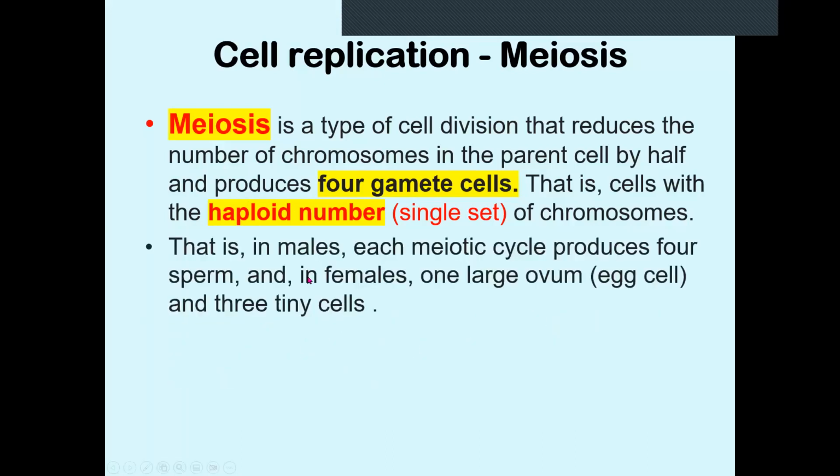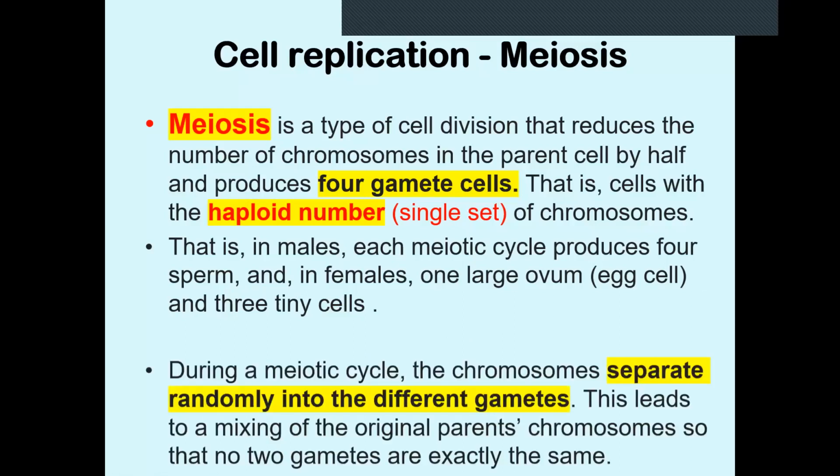In males, each meiotic cycle produces 4 sperm, and in females, they do produce 4 cells, but one is a huge one, the egg cell, and the other 3 are tiny cells which eventually just get resorbed into the body.